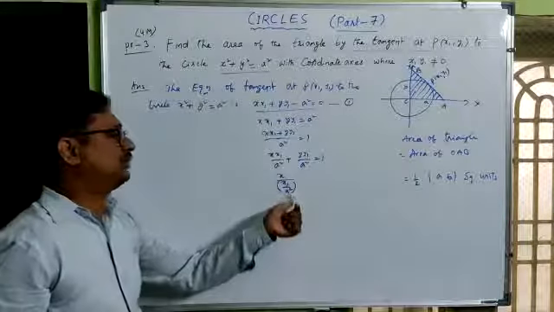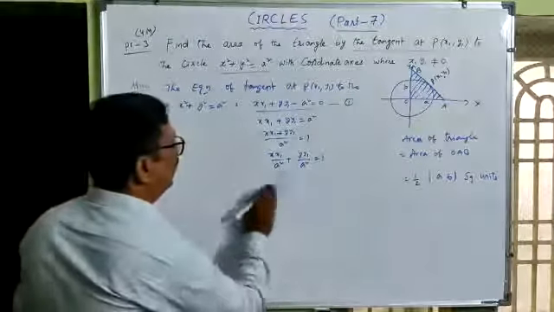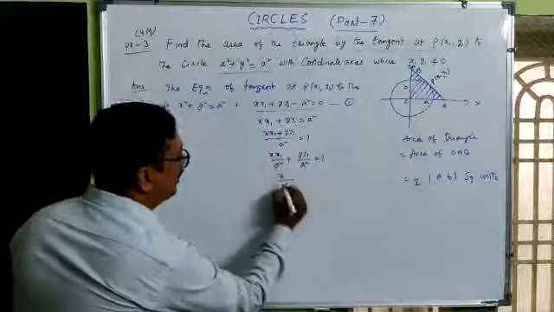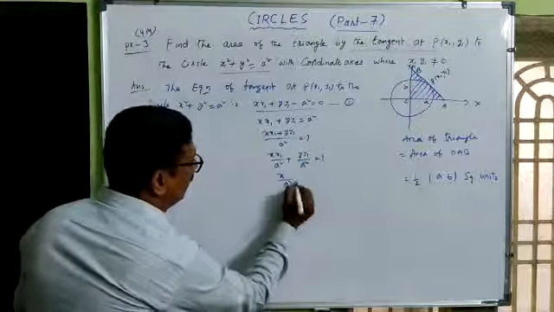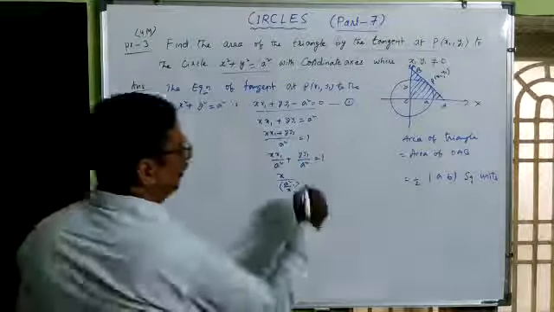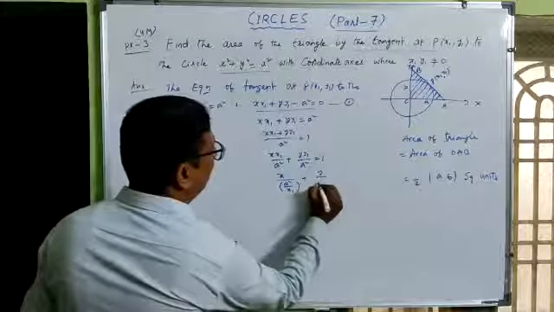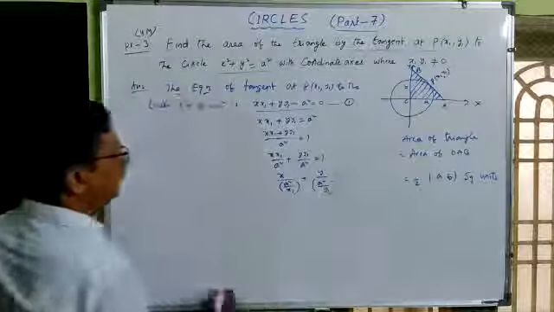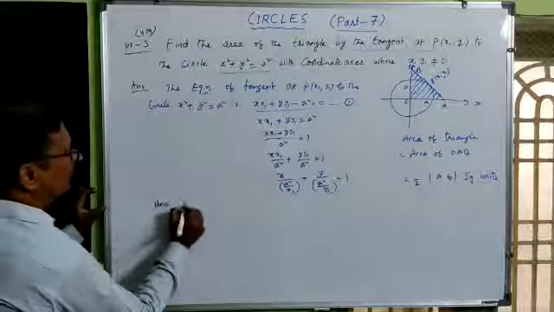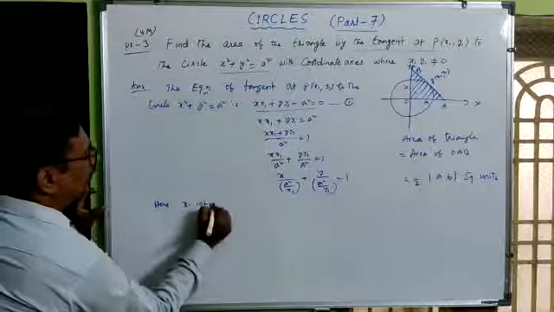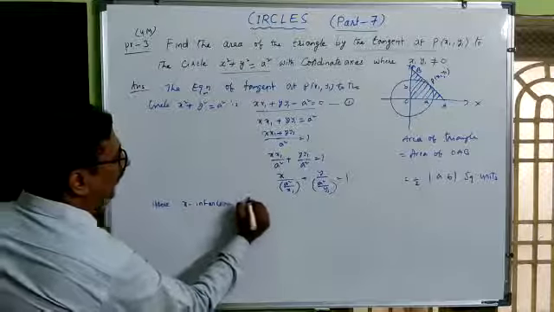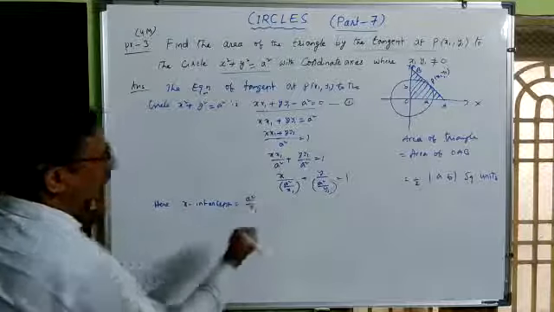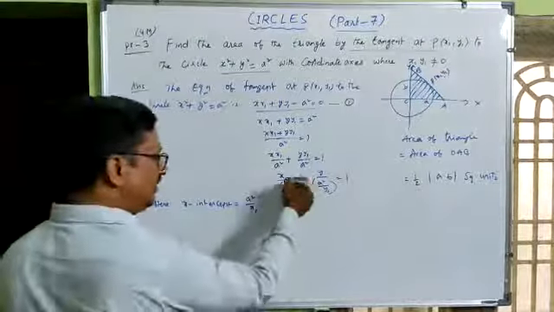So x1 comes to the denominator. That means x by a square by x1 plus y by a square by y1 is equal to 1. What is the x-intercept here? A square by x1.